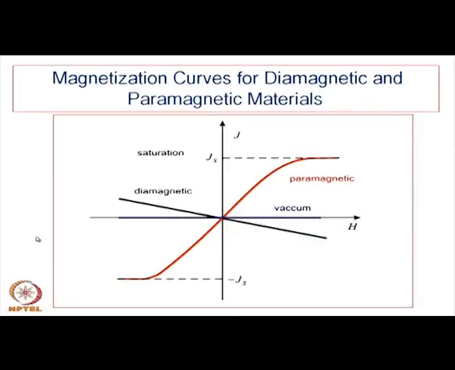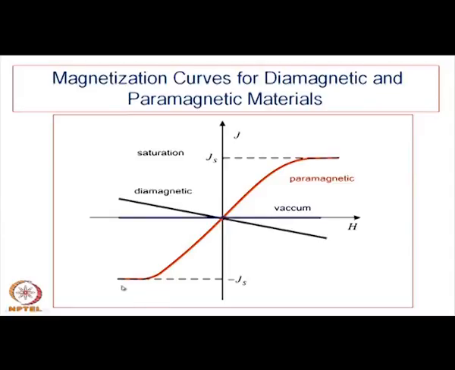Now, coming back to paramagnetism and diamagnetism, which are weak magnetic materials, and therefore they have linear magnetism, just like linear dielectrics. Here also one can say linear magnetic materials, because the polarization J versus the external magnetic field H curve is linear.